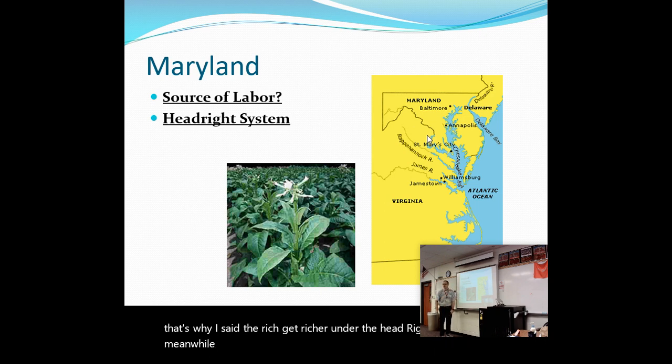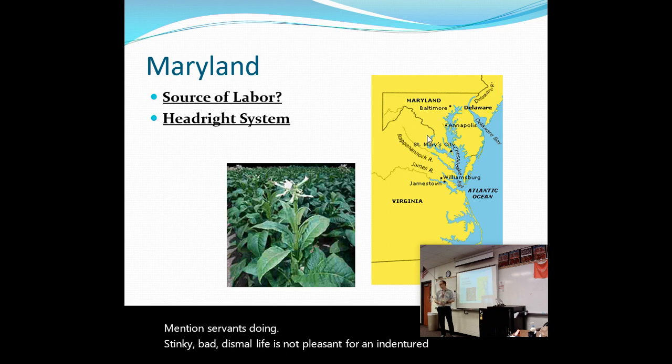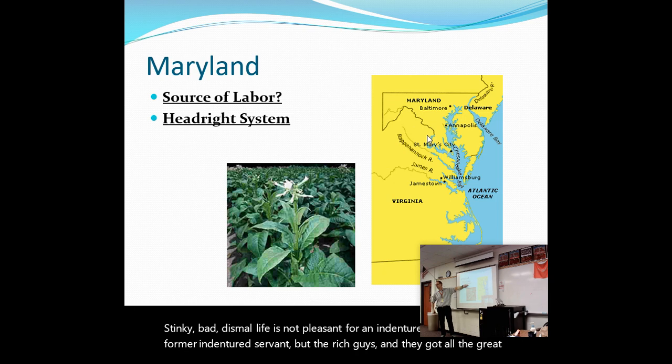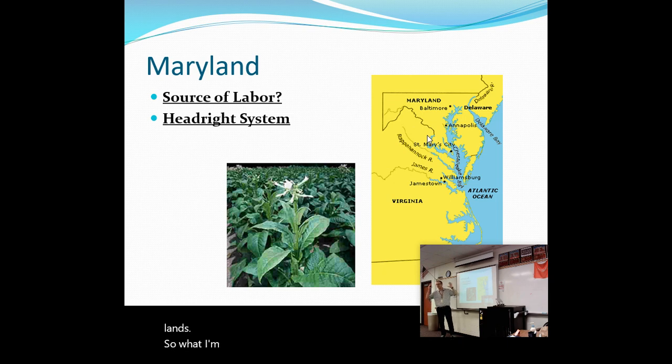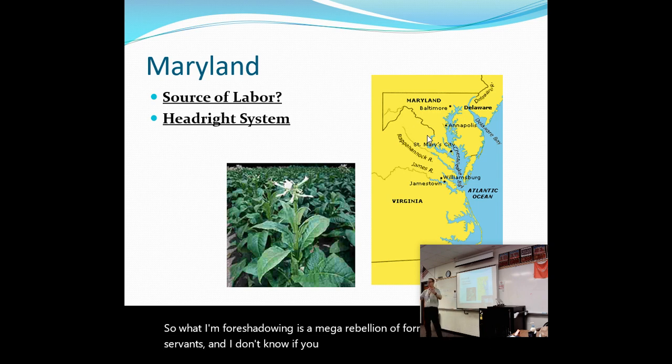Meanwhile, how are these indentured servants doing? Stinky, bad, dismal. Life is not pleasant for an indentured servant or a former indentured servant. But the rich guys, man, they got all the great land. So what I'm foreshadowing is a mega rebellion of former indentured servants. And I don't know if you remember this from way back in the day.